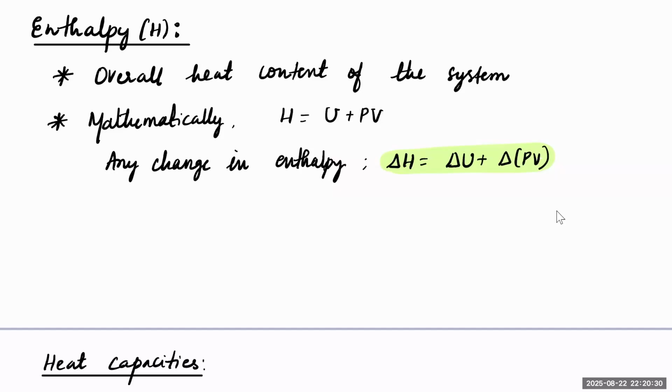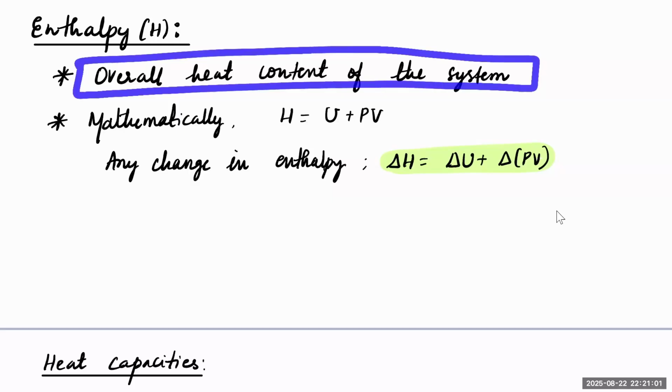That means when a certain amount of temperature is provided to it, it might release some heat. So there is always a stored amount of heat in every particle, and that can be given out in the form of heat whenever it is needed. If you add all the heat contents of every substance present in the system, that is called enthalpy. So enthalpy is the overall heat content of the system.